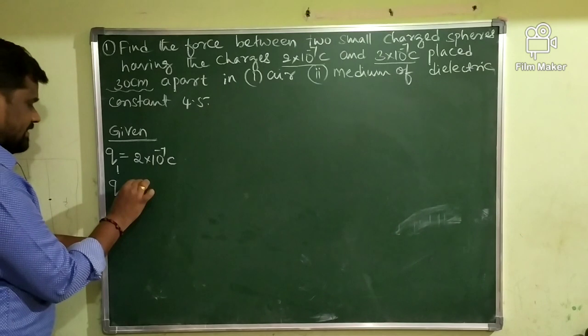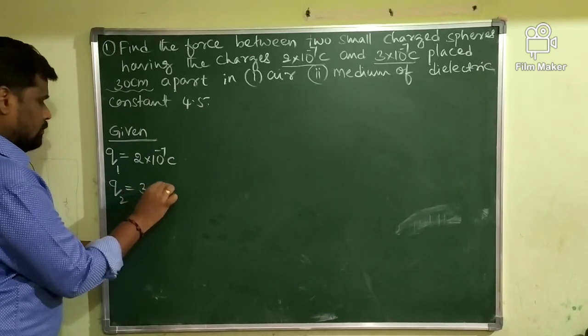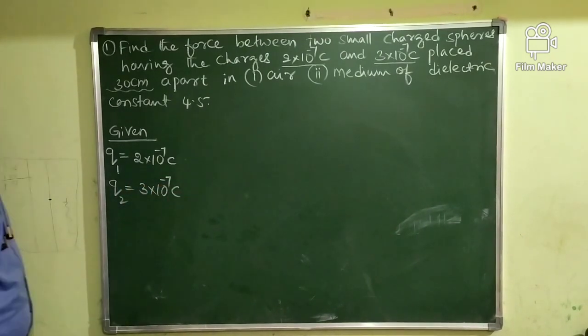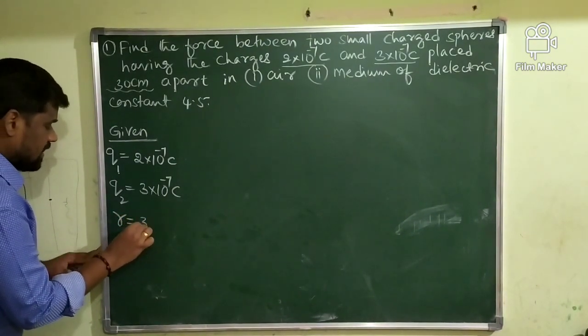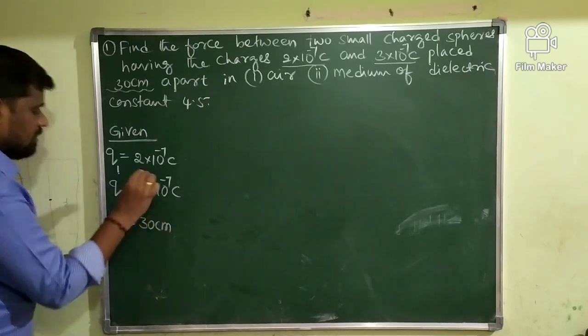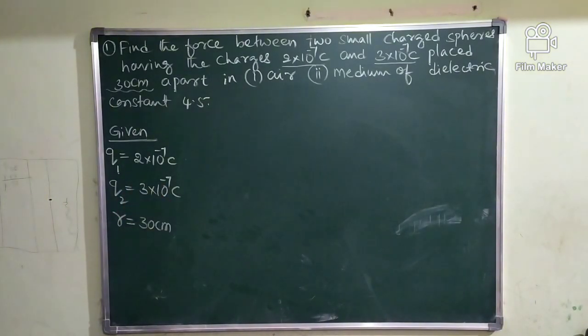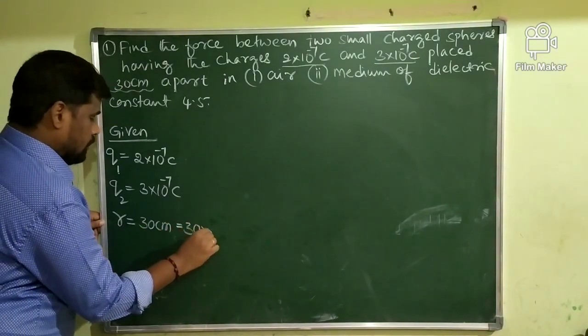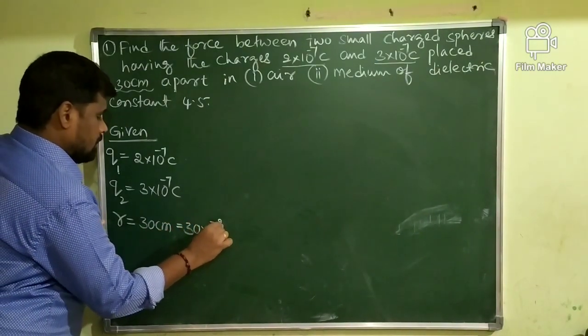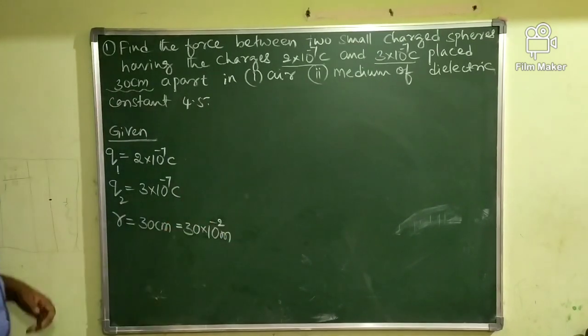What is the charge on the second sphere? 3 into 10 power minus 7 coulomb. Distance between the charges is given, R. What is R here? 30 centimeter. 30 centimeter means it should be what? 30 into 10 power minus 2 meter.